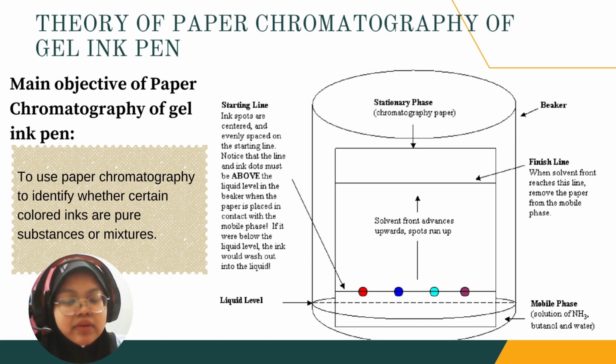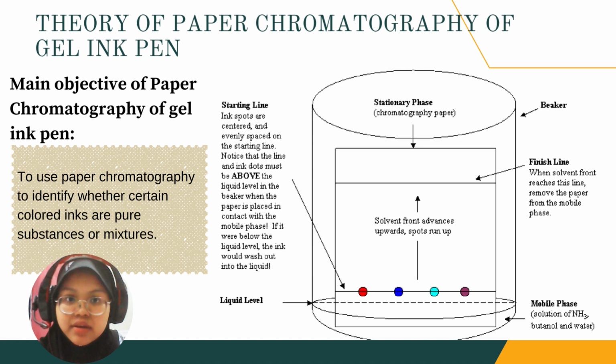Okay, so here in the diagram, four different kinds of pen will be placed at the starting line, below the liquid level. We will cover the container to make sure the atmosphere in the beaker is saturated with solvent vapor.